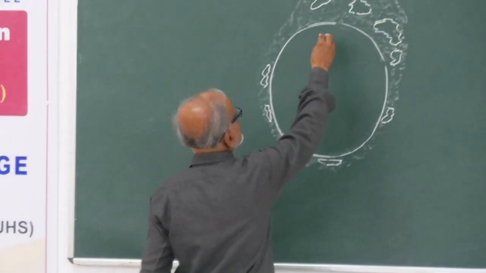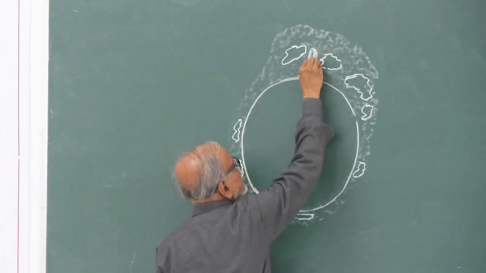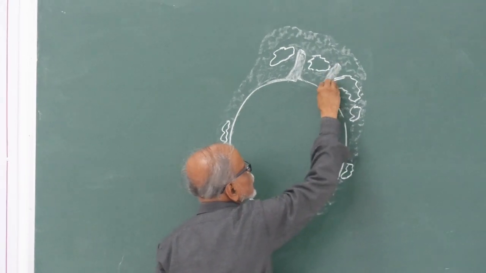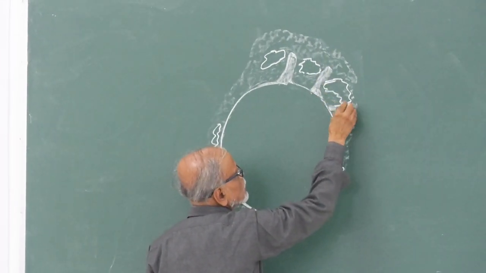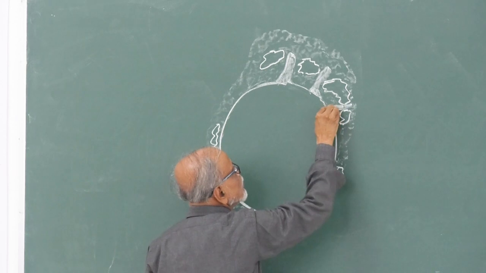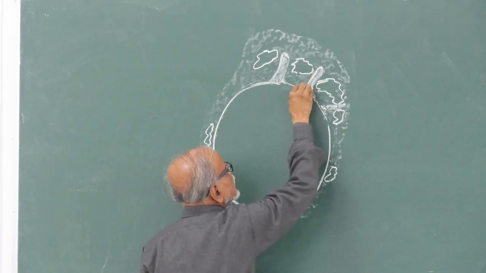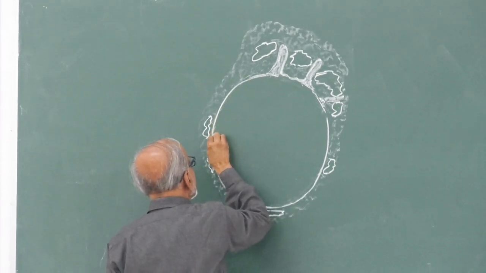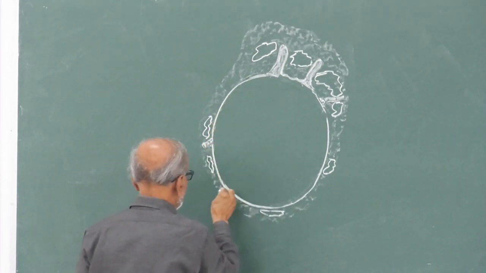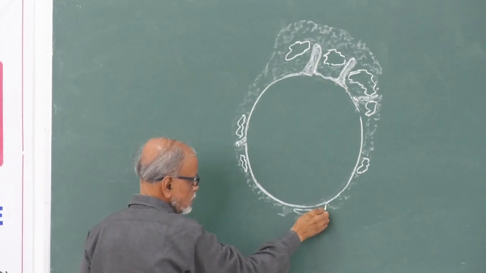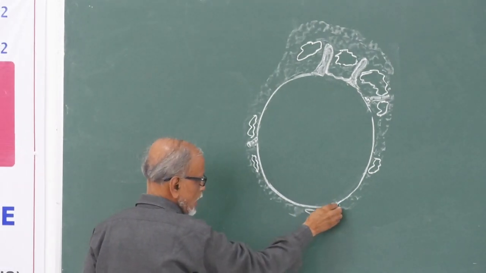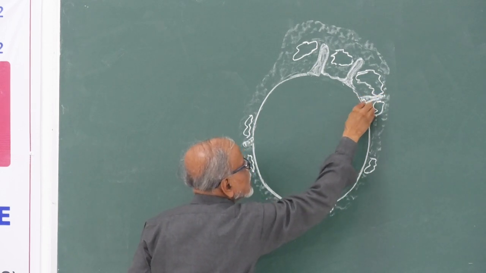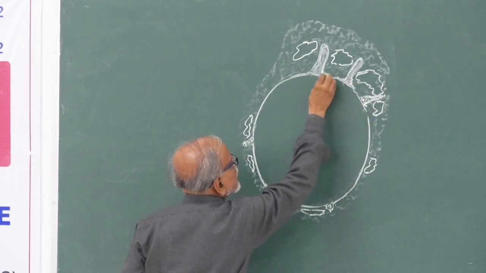These are the columns extending from the cytotrophoblast within the syncytial trophoblast. এগুলো হচ্ছে সেই কলাম। These are nothing but the primary villi. এগুলো প্রাইমারি villi. আমি কিন্তু সেল দেখাচ্ছি না। Schematic diagram, I am not showing the cells.